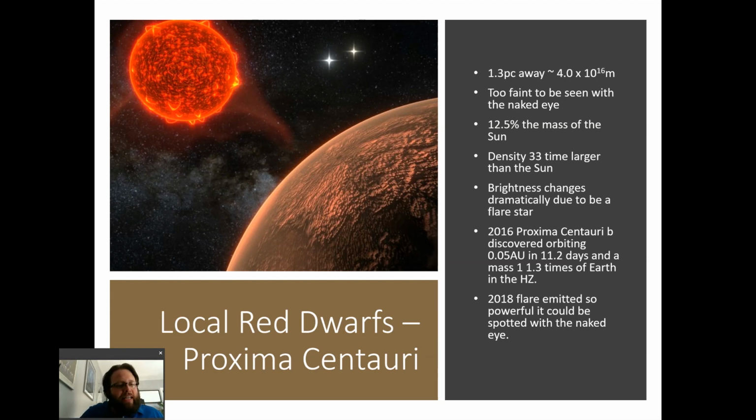Unfortunately, in 2018, as these stars can be very temperamental, we saw a flare so powerful that we could actually observe the star with the naked eye. And that flare, unfortunately, was directed directly towards Proxima Centauri b. So if there was any life existing on the surface of that planet, it would have been wiped out by the energy of that flare. So this could tell us something about the likelihood of life around red dwarfs.